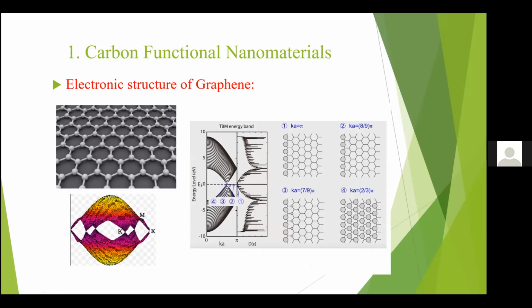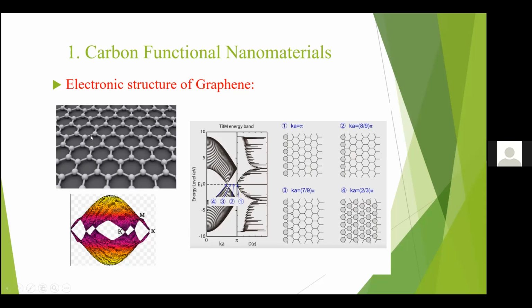Second, I want to give the basic theory applicable to nanocarbon systems by quantum mechanics. To know the electronic structure of graphene, it emerges from the lattice structure. Graphene forms a honeycomb bipartite lattice structure.